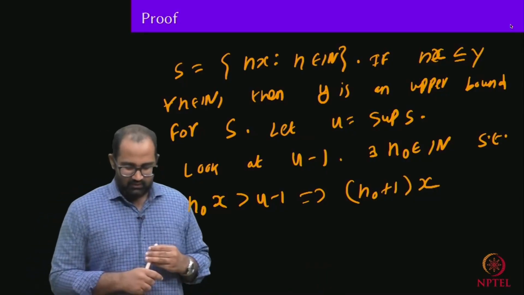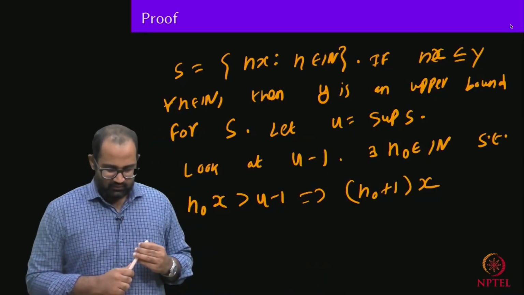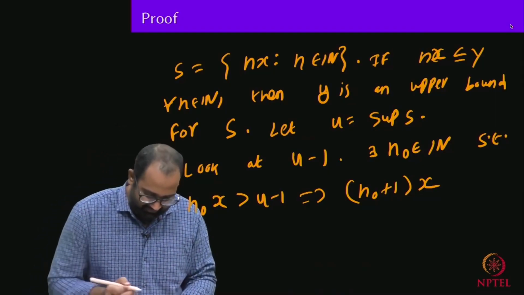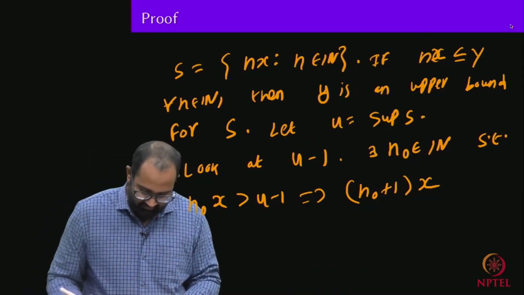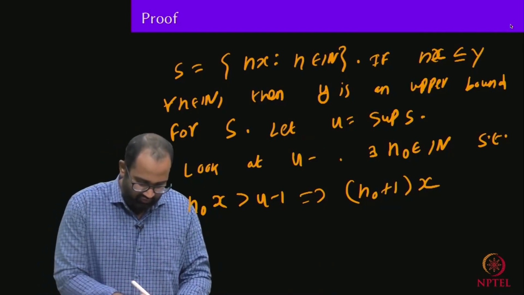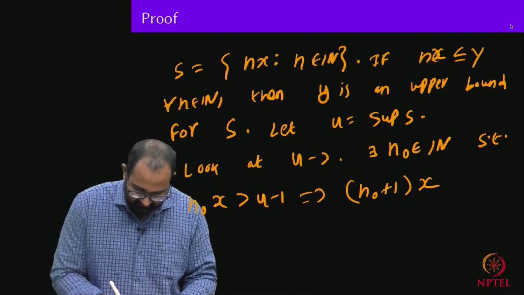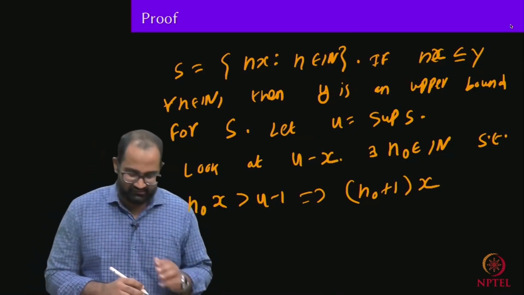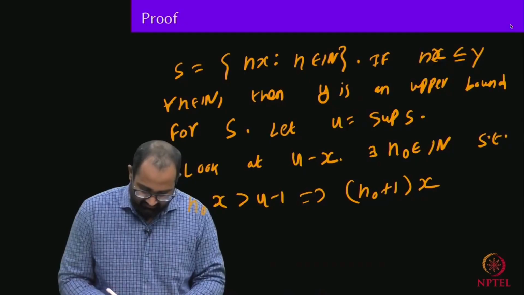one moment, I have to change it slightly, the proof has to be changed slightly. I'll have to do u minus x, not u minus 1. I have to look at u minus x.